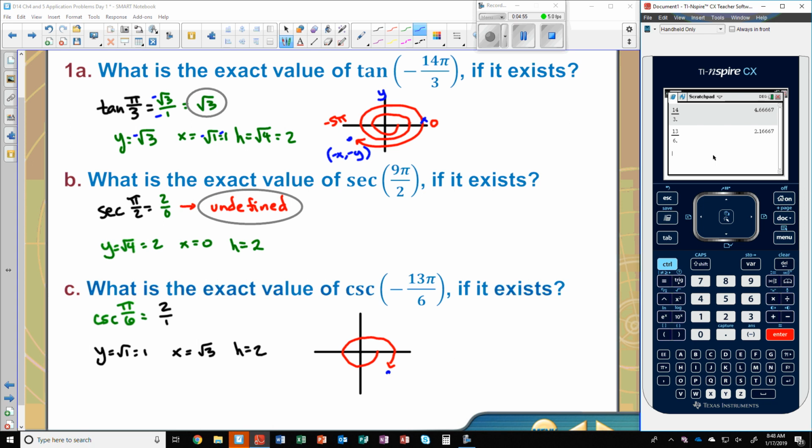If we have a point somewhere over here, because the x is to the right, it's a positive x, but since the y is down, it's a negative y. So I'll put the negative on the y and the positive on the x. Cosecant, we said, is h over y, which means this needs to be negative. So this would simplify to become negative 2. Now we can check all these values in the calculator, but this should be spot on.